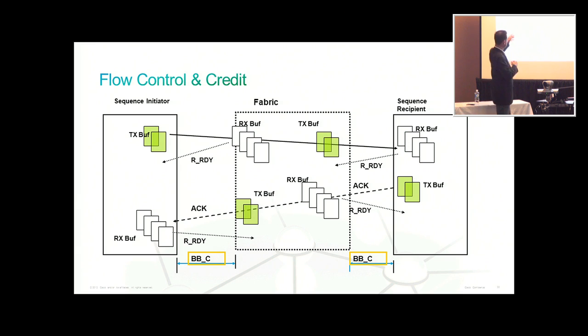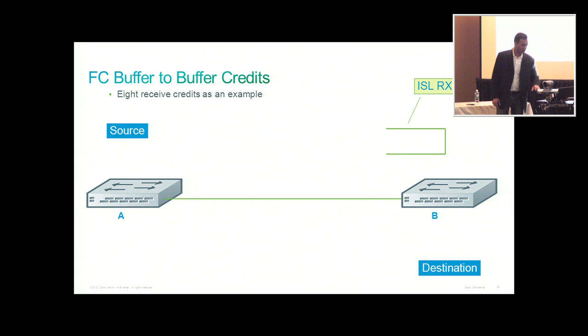And this is basically what this is showing, that packets are going from the sequence initiator to the fabric, and then to the recipient, and then R_RDYs coming back. Same thing, let's say an ACK coming back, and the same thing's happening because an ACK is a packet as well. Okay? Any comments? So this is an example of what I just mentioned.